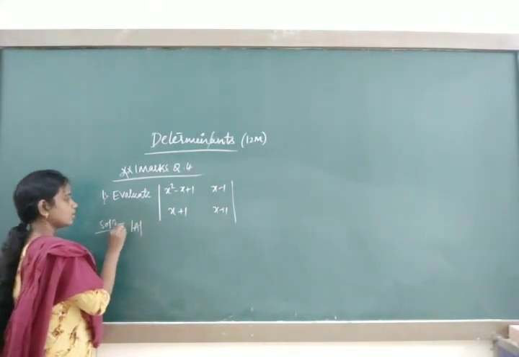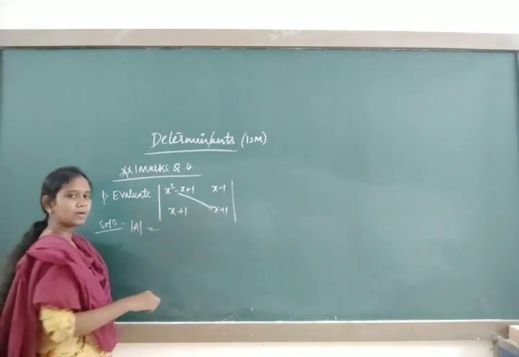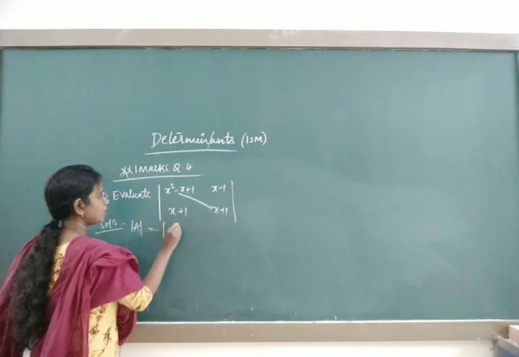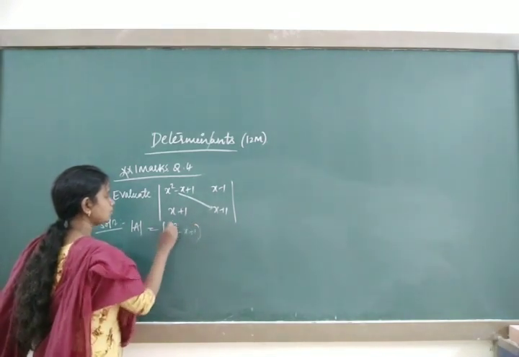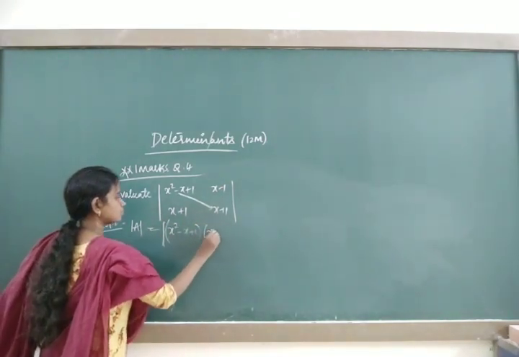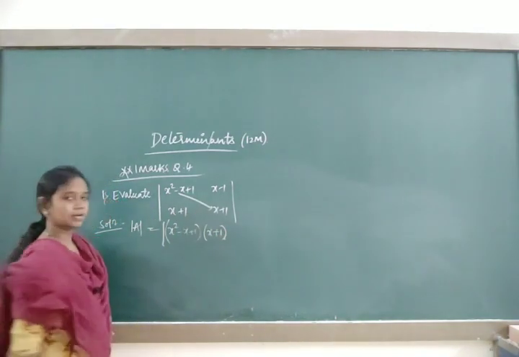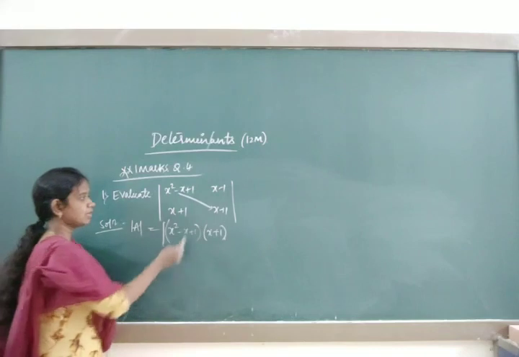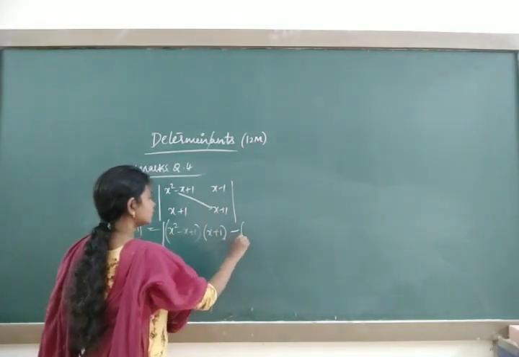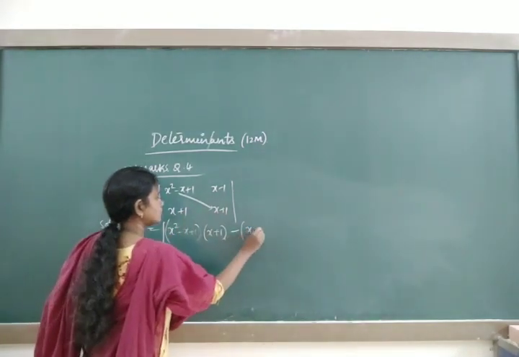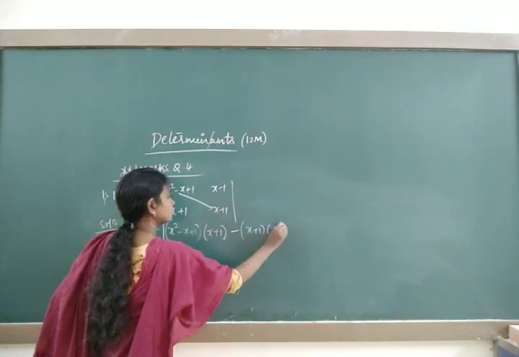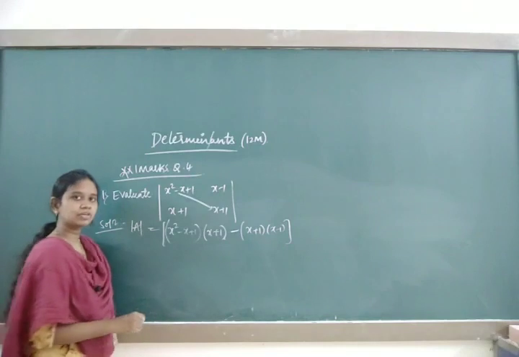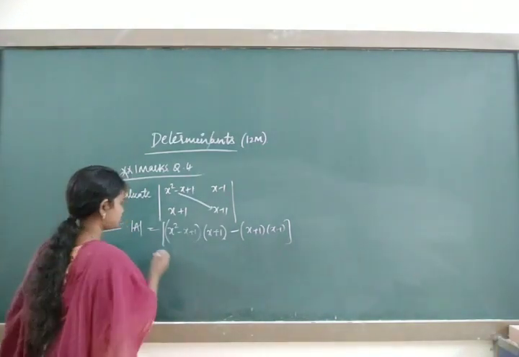determinant A, expand the or multiply the primary diagonal. When you multiply the primary diagonal, it will be x square minus x plus 1 into x plus 1. This one minus x plus 1 into x minus 1.